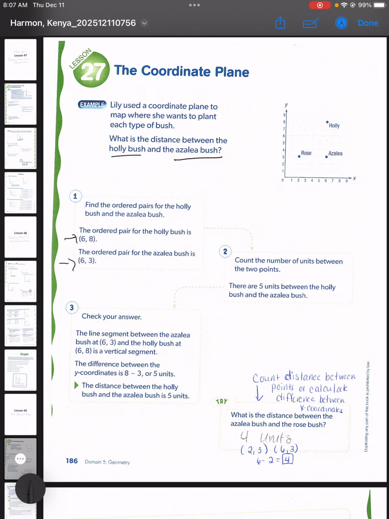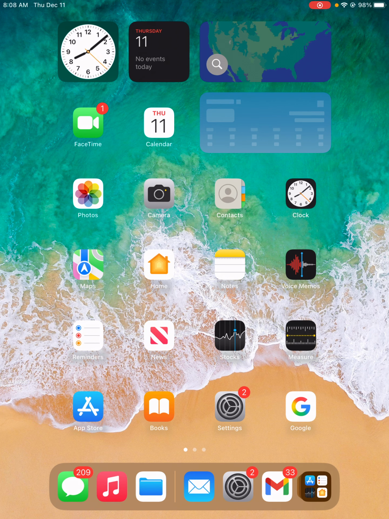So the 6's are the same, so their x coordinate is the same. We're going to count the distance between their y coordinates. And so when I start here at 3 and count up to 8, I'm counting up 5 units. So the distance between the holly and azalea is 5 units.